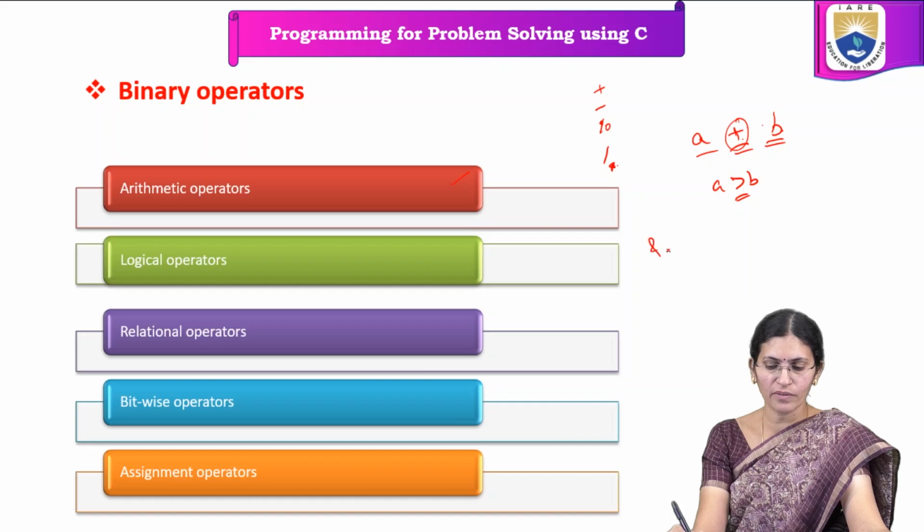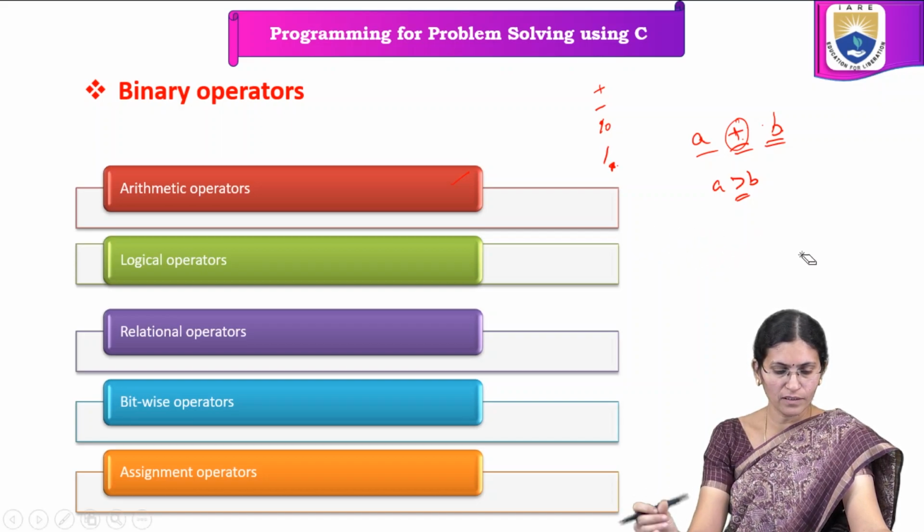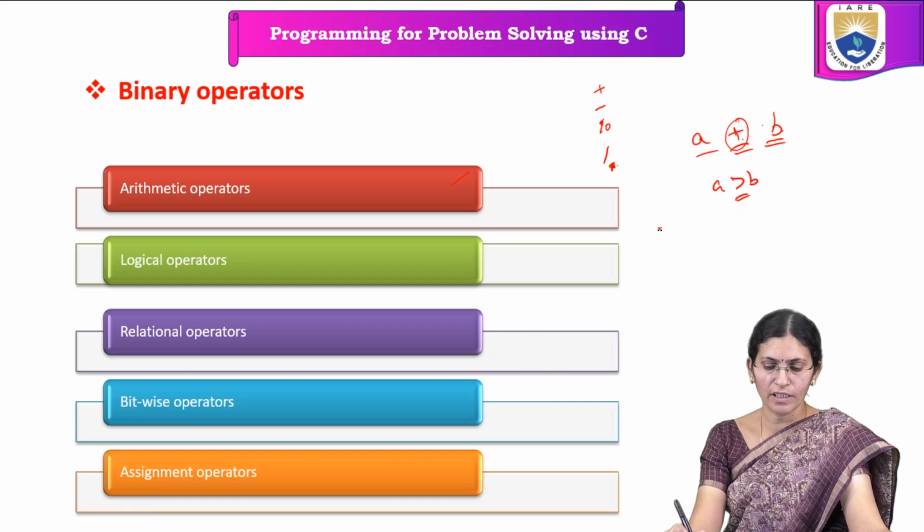In logical operators, we have logical AND, logical OR, and logical NOT. In relational operators, we have greater than, less than, greater than or equal to, less than or equal to, and not equal to.